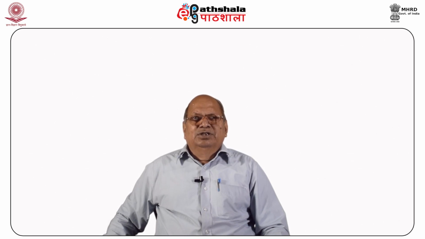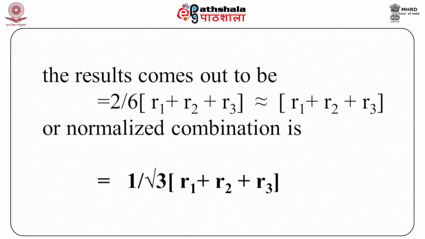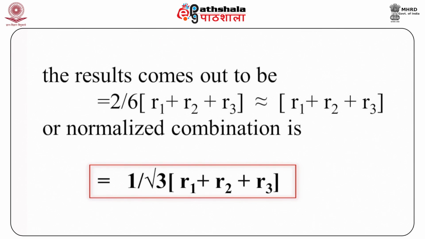For this, let us take the R2 function and follow the similar procedure as described earlier, and let us operate PA1 on R2, and we get the same result, that is, after normalization we get 1 upon under root 3 R1 plus R2 plus R3, the same SALC.